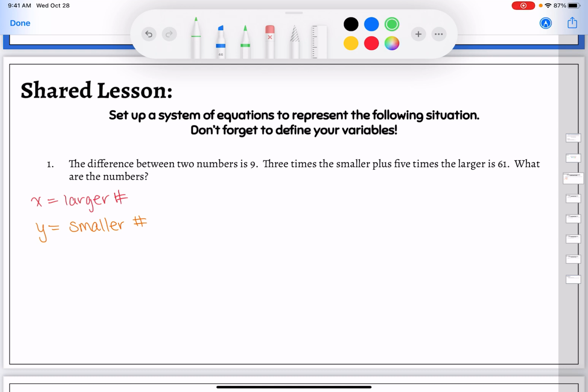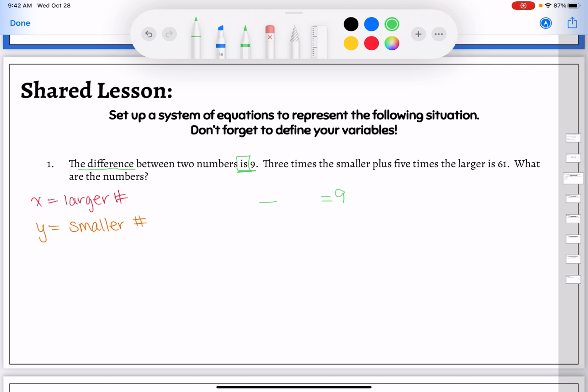So my first sentence says the difference between these 2 numbers is 9. There's that key word, "difference," right? When I'm talking about the difference, I am subtracting. So I'm going to subtract these 2 numbers. Now the answer equals 9. The difference between these 2 numbers is 9. Now 9 is a positive number.